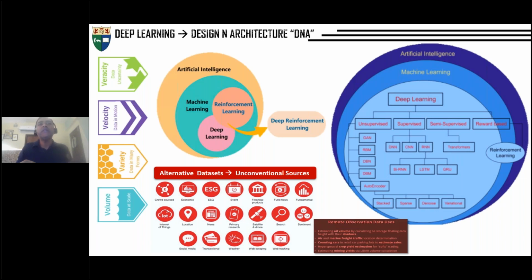And on the left hand side of this slide, you could see that there is big data, and that is the reason why deep learning is gaining a lot of momentum, right? We are getting data in a lot of volumes, in terabytes or even higher orders of terabytes. We are getting data in a lot of variety, right?